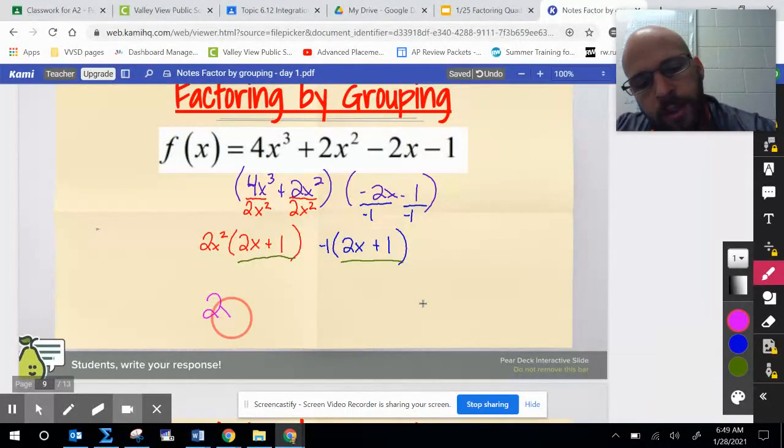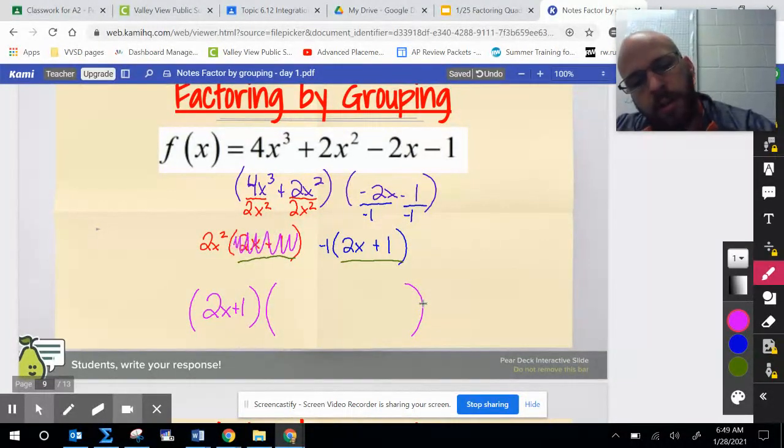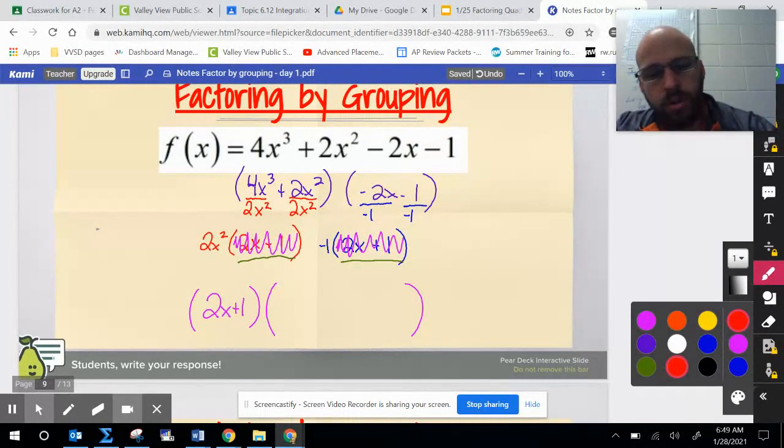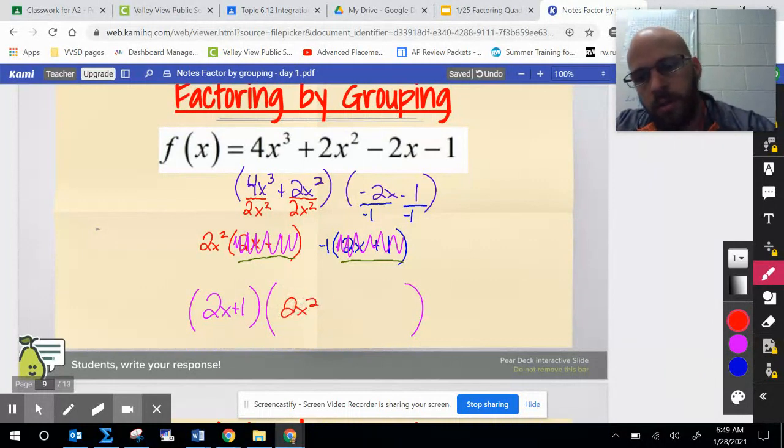I'm going to take that grouping that they have in common. Okay? I'm going to write it out front. That makes up half my answer. The other half of my answer are the greatest common factors. The 2x squared and the, let me get a blue marker here, and the -1.